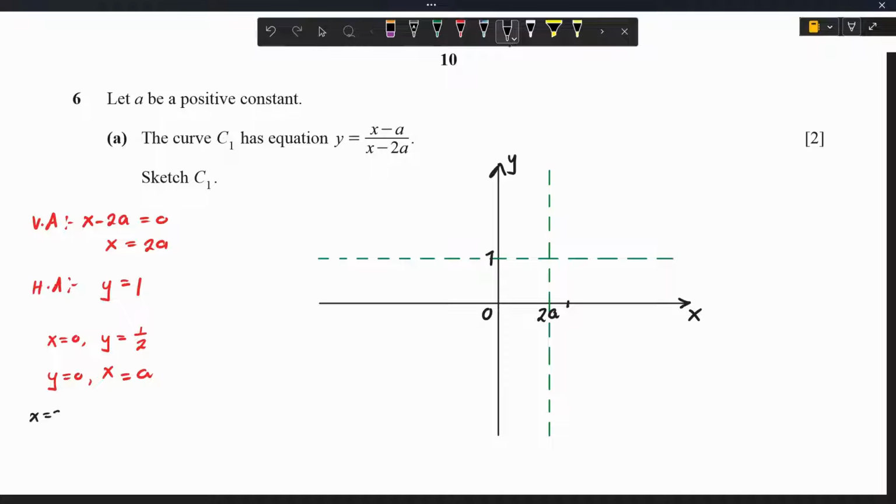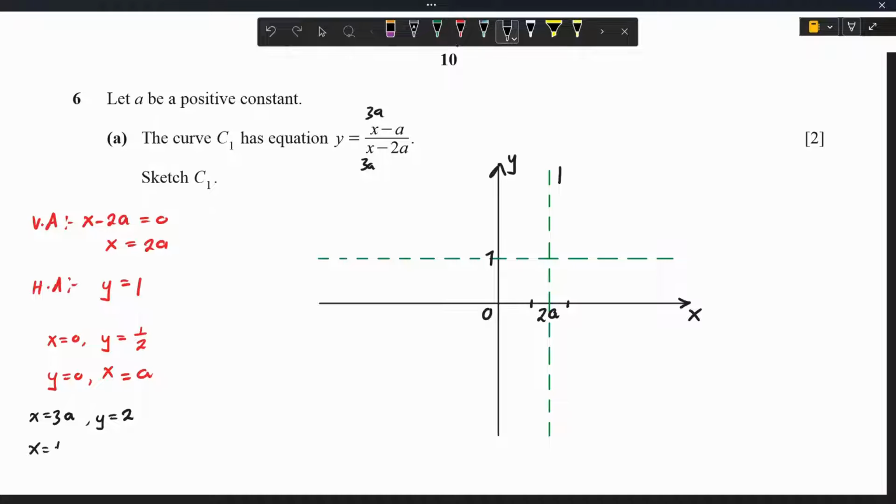When x has a value of 3a, substituting it into this, we'll be having (3a − a)/(3a − 2a), and we get y to have a value of 2, and 2 is positive. And if 2 is positive, it means that the graph for a value that is greater than 2a will be coming from above.